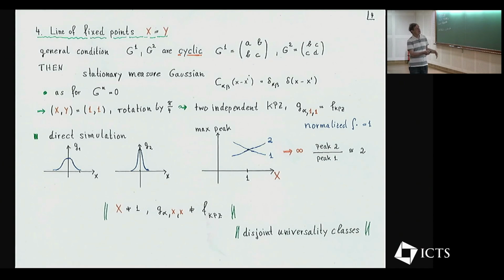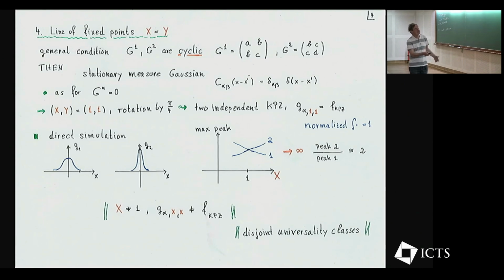But as we go along this diagonal, we see that G1 and G2 are not only changing height, but also changing shape. So there's no simple linear scaling which would fit as I go along the diagonal. In that sense, what we see numerically is that these two scaling functions really depend on the choice of x.